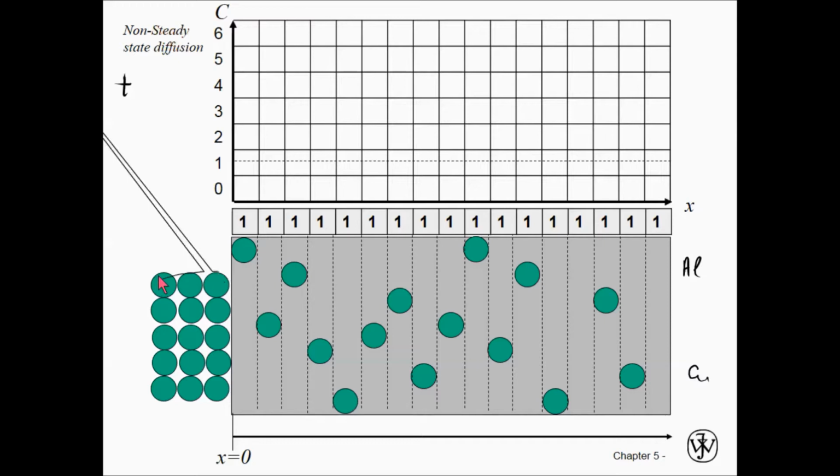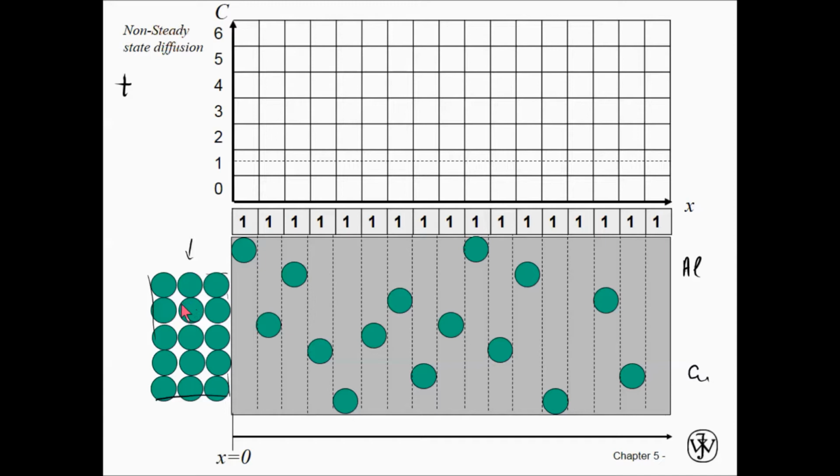So I have brought a copper bar and they are touching each other, copper and aluminium touching each other. When we increase temperature, we will give enough energy to copper to break bonds.